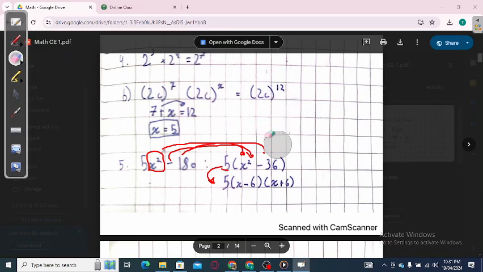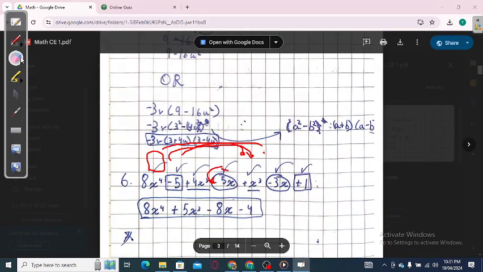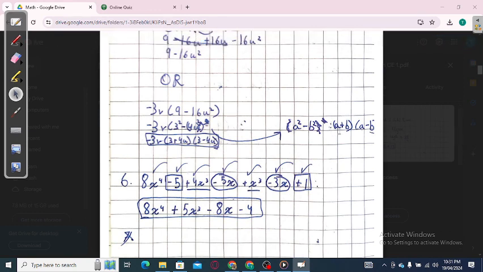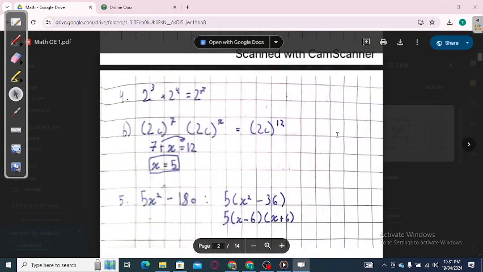So a squared minus b squared, which I think I have here somewhere. Yeah, I do, right here. Okay, so now a squared minus b squared expands into open brackets a plus b, close the first bracket, and open another bracket, a minus b, close the bracket. Okay, so 36 can be expressed as 6 squared.